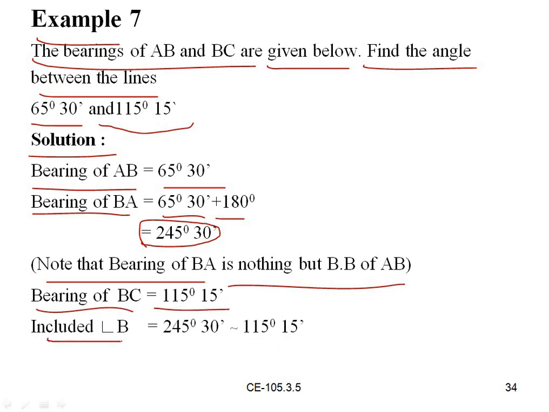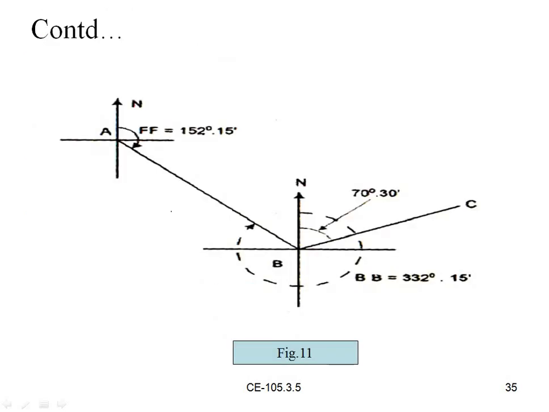So included angle B is equal to 245 degrees 30 minutes minus 115 degrees 15 minutes, that is equal to 130 degrees 15 minutes. So this is the included angle of B. Here we can see the diagram.